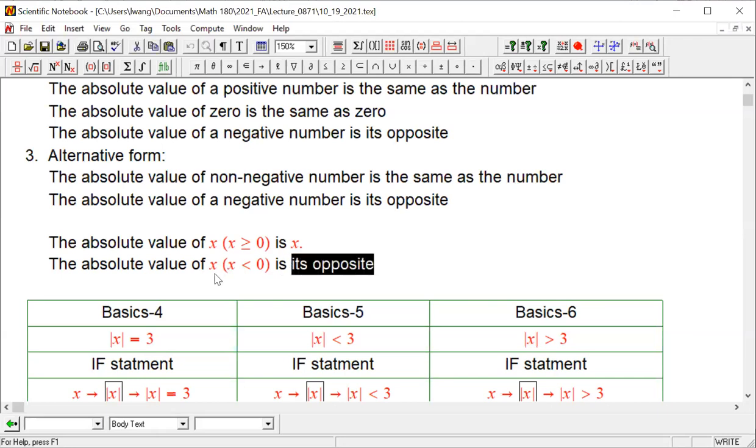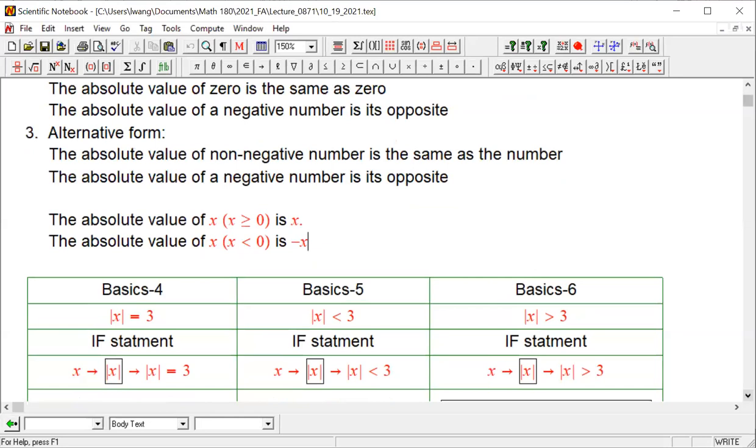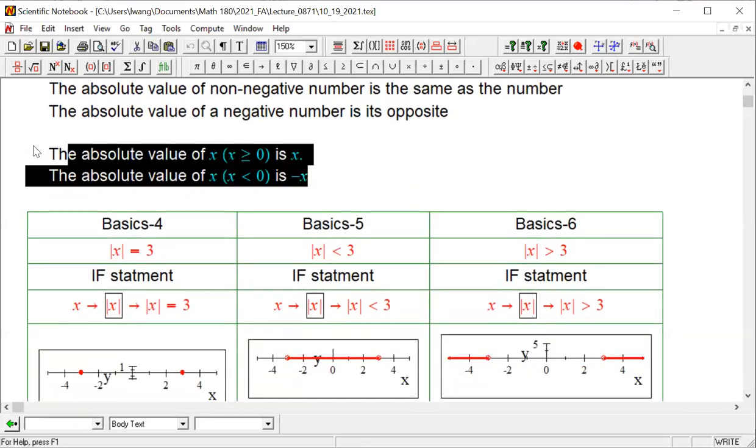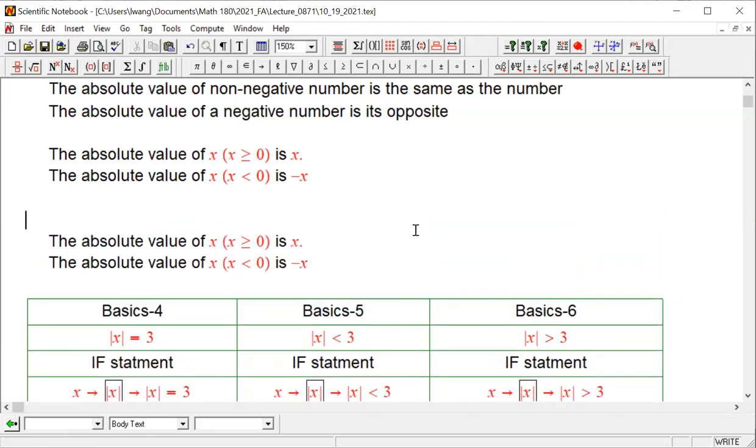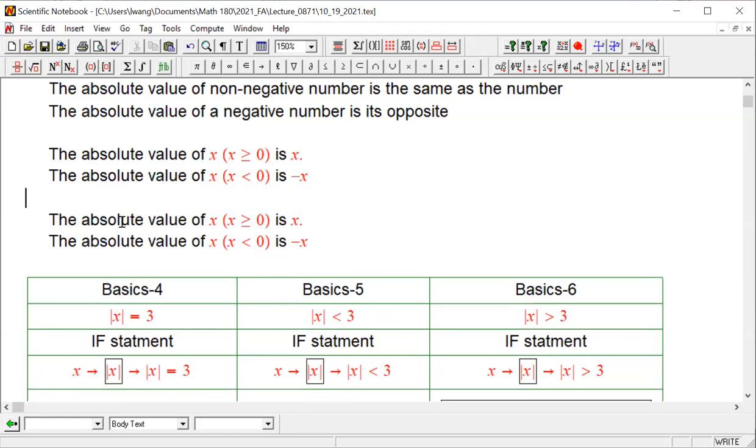How do we express its opposite? The opposite of x is negative x. Okay, how do we further translate these two sentences?